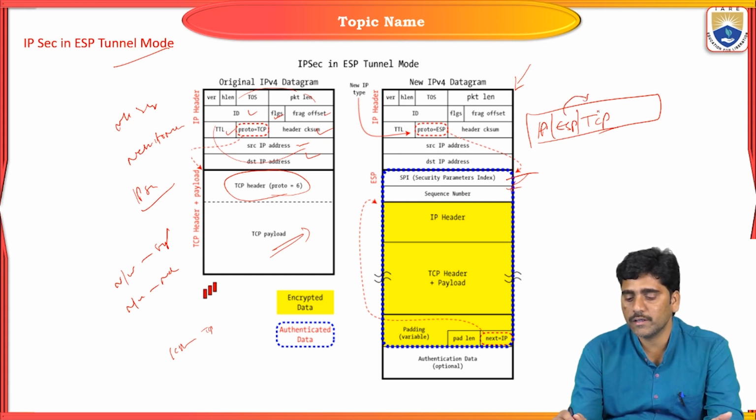The ESP trailer has padding, pad length, and next header, and the next header field indicates the TCP header. So the IP header as well as the TCP header plus payload are covered. This is how it provides the service between IP secure endpoints.